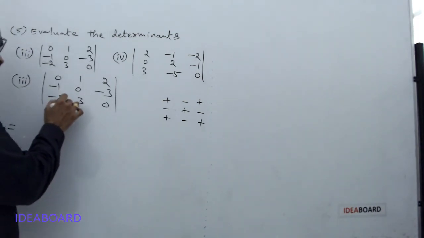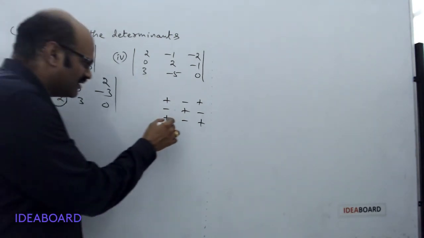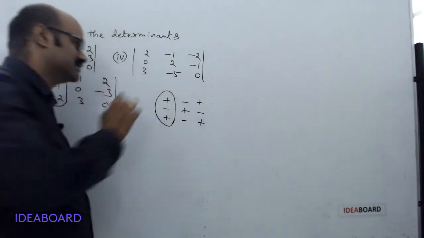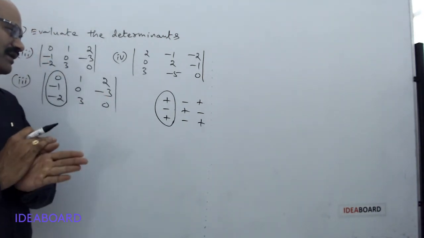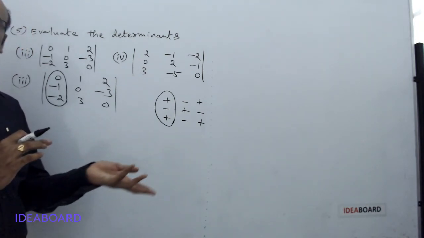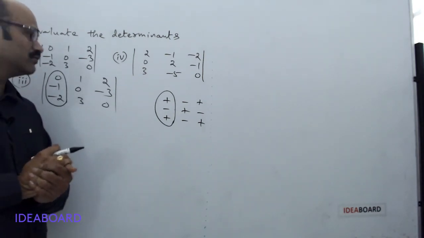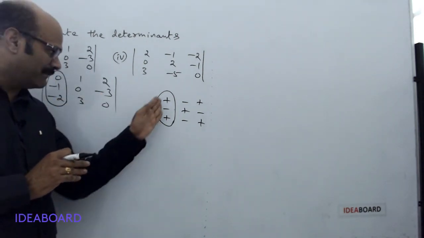Now I would like to expand along C1. In C1 we are having the signs plus, minus, plus. The cofactor of an element is always equal to minus 1 whole power i plus j into the minor of aij. So cofactors are always followed by minors only.